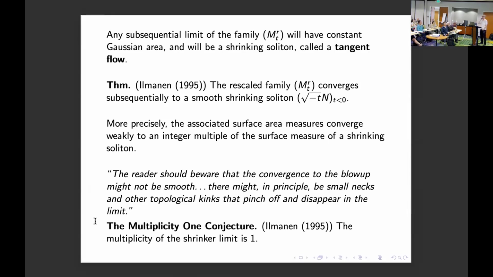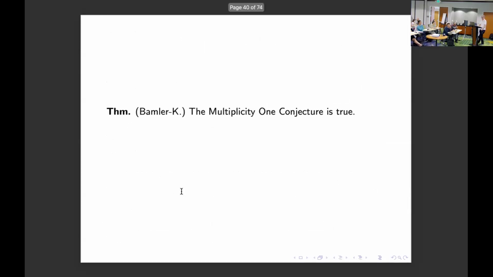So this is the multiplicity 1 conjecture, and in fact, if this conjecture is true, it implies that this kind of pathological behavior does not occur. In fact, the convergence is smooth convergence. All right. So our first result is that this multiplicity 1 conjecture is true.